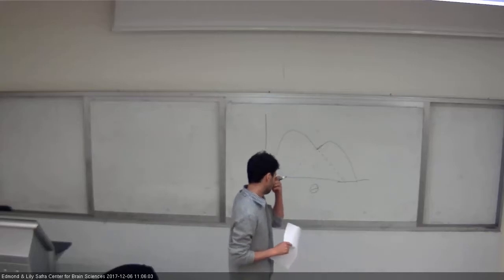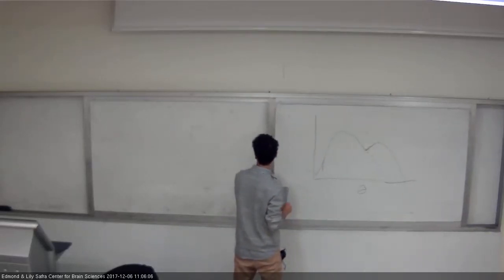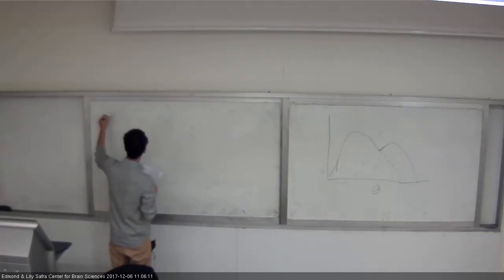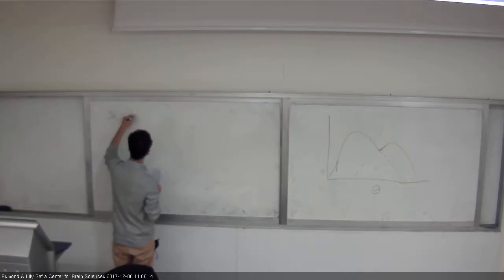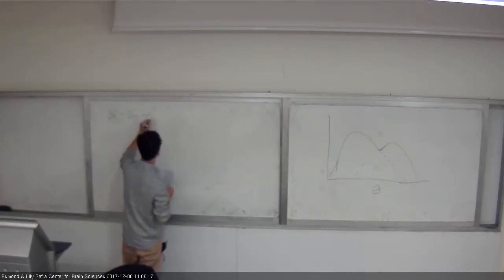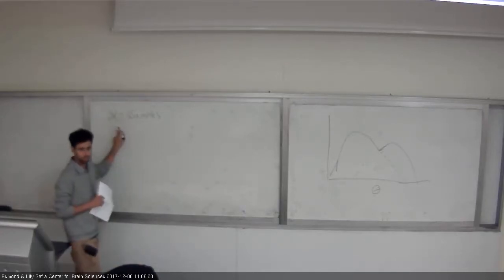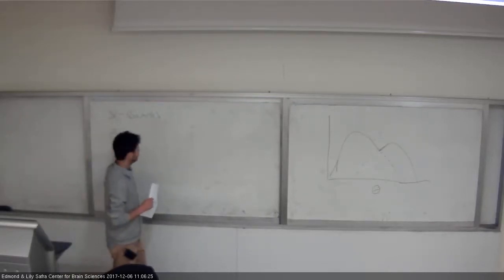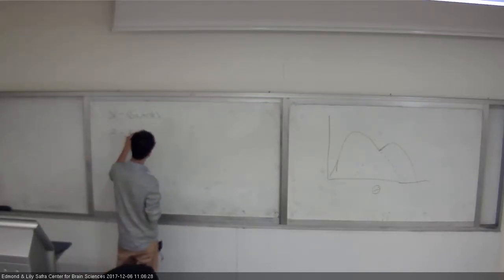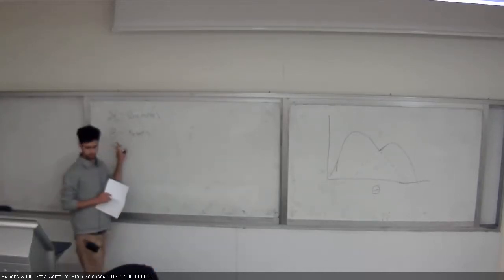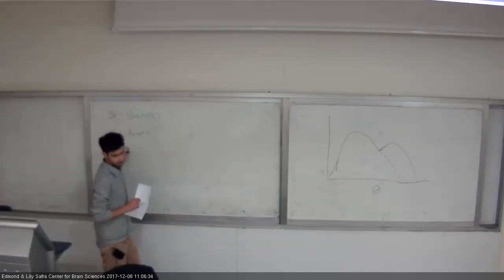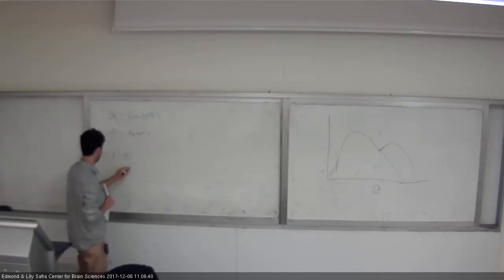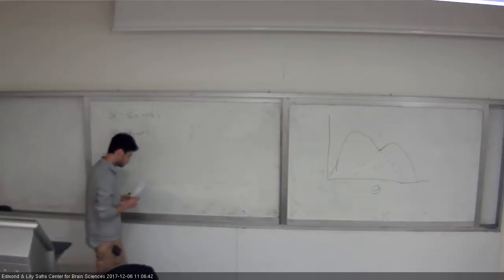Okay, so let's formulate this a bit. We have our samples that we see, x as before, and we have the parameters that we want to estimate, the parameters theta. But now I'm telling you that p of x given theta, or the log of it, is very complicated.